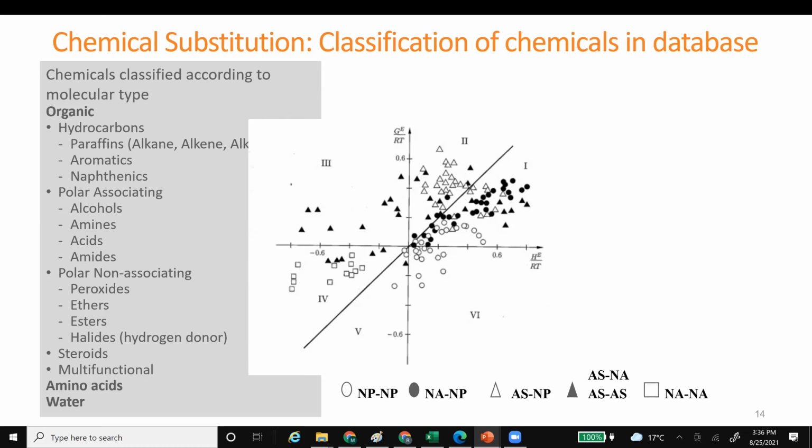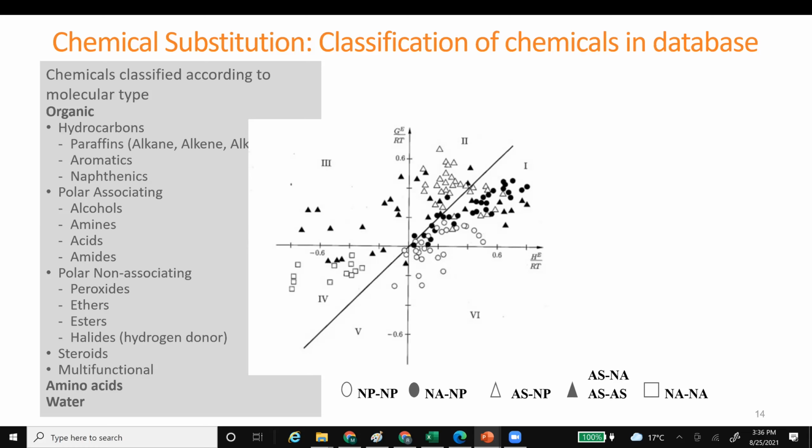If we make different combinations of these, we find the binary data people had collected, and we calculated the excess enthalpy, excess Gibbs energy, and excess entropy, and tried to see where they fit.